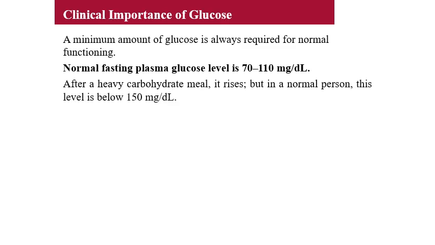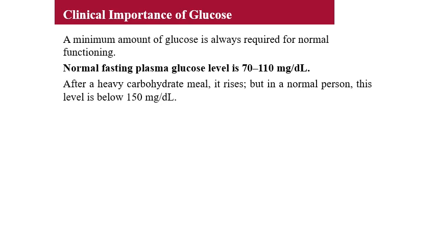And it is mandatory to maintain a normal blood sugar level. So you should know the normal blood glucose level, that is 70 to 110 milligram per deciliter. After a heavy carbohydrate meal, it usually goes very high, and in a normal person it will be below 150 milligram per deciliter. So this should be the introductory part of your essay.